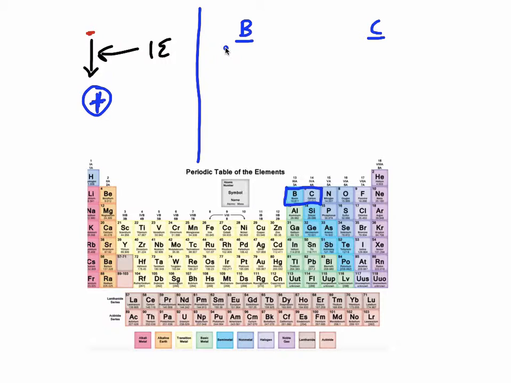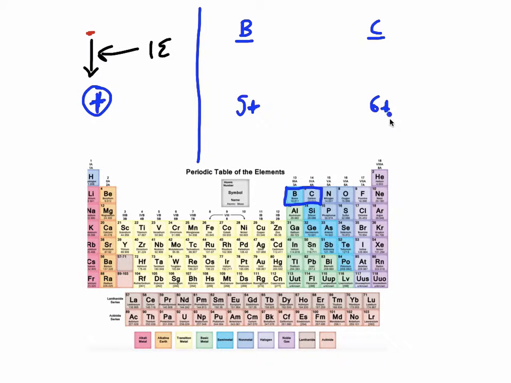So we have a horizontal relationship, and when you're dealing with a horizontal relationship, it's always about the protons in the nucleus, or the nuclear charge. So let's first just identify what's going on in the nucleus. Boron has 5 plus things, 5 protons in the nucleus, and carbon has 6 plus things in the nucleus.